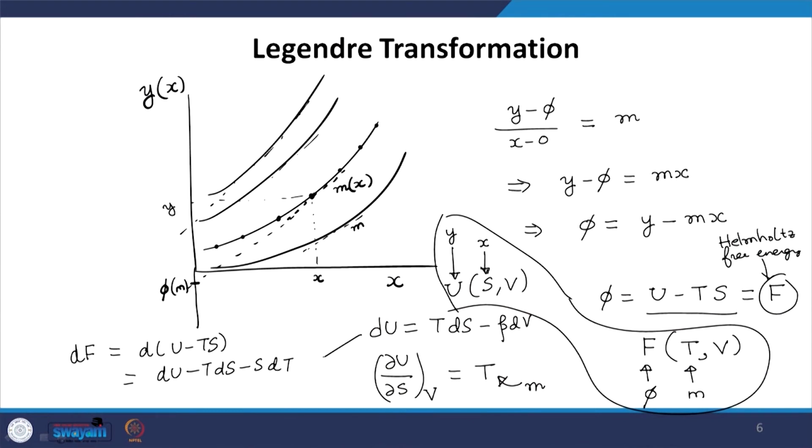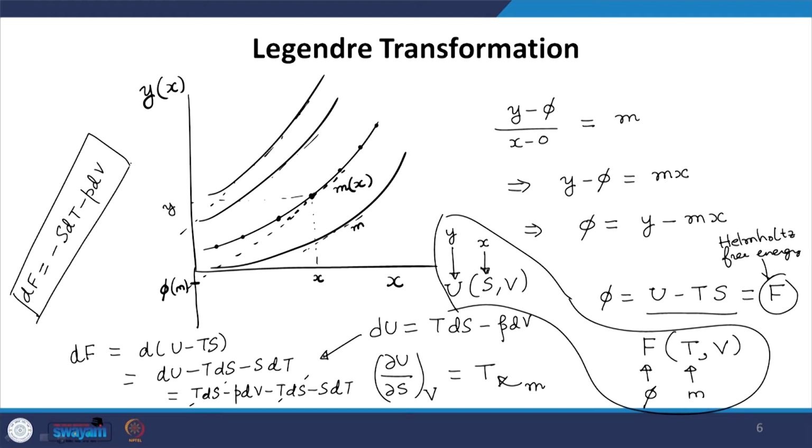And using this particular expression, we have cancellations, and therefore, we establish that my dF is equal to minus s dT minus p dV, and we have successfully been able to define a new thermodynamic function that has temperature and volume as the controlling variables.